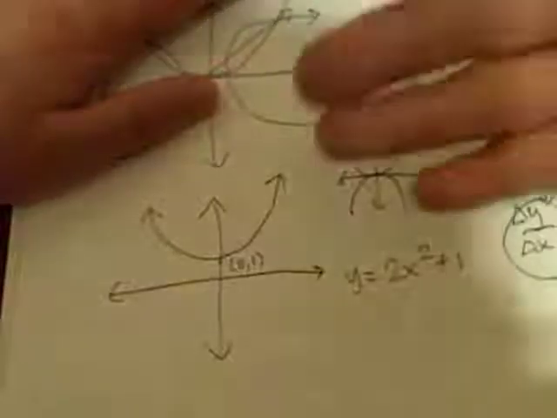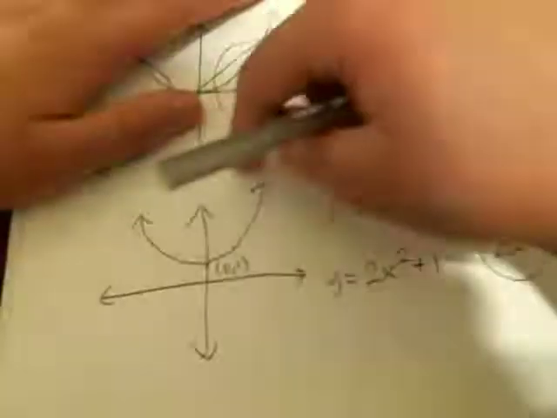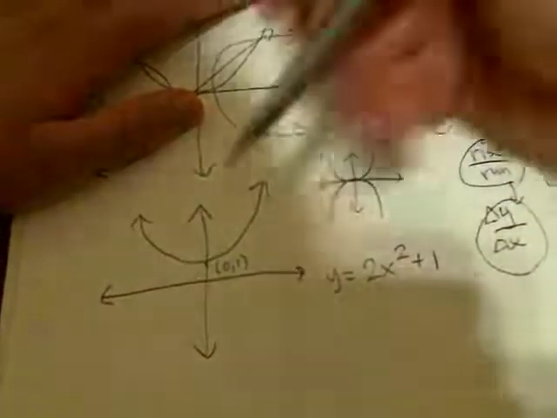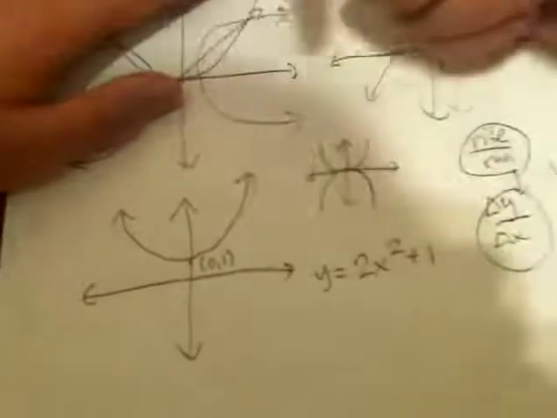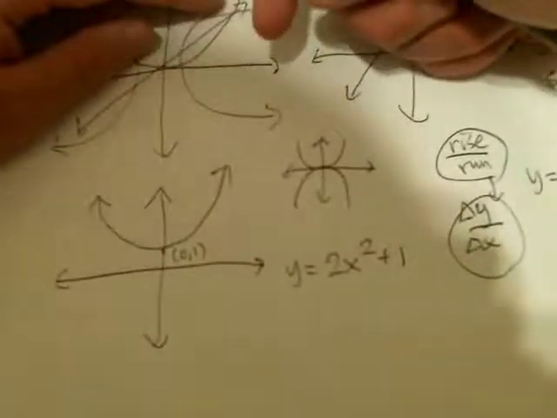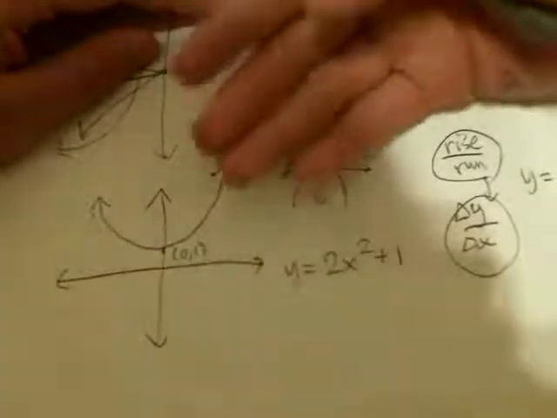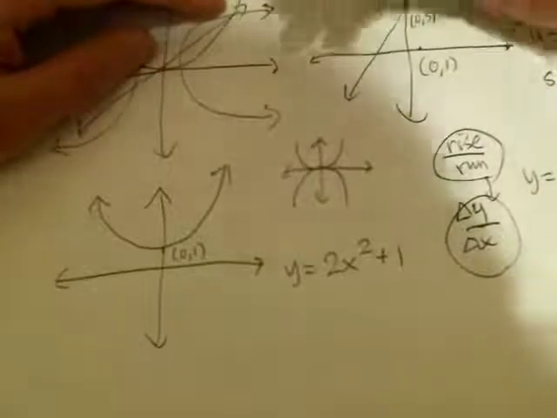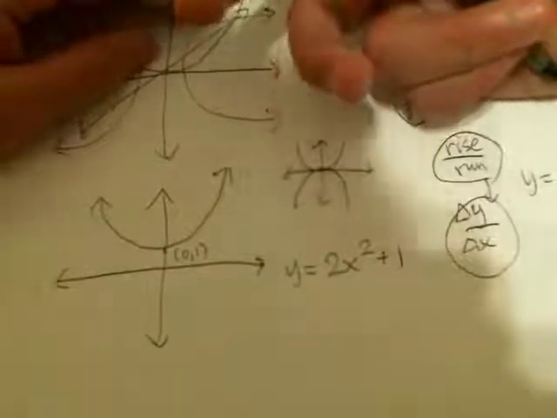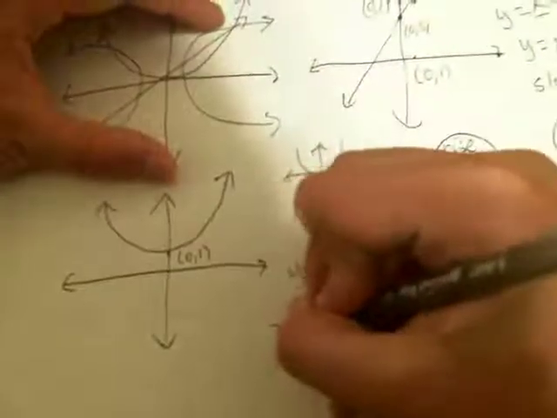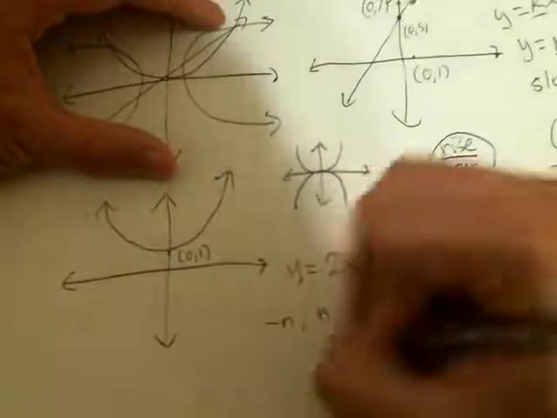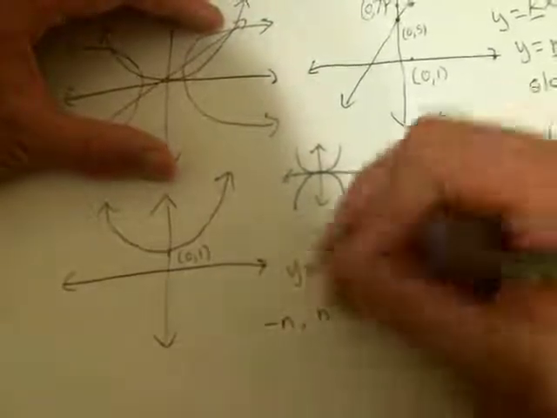here. This is how a parabola looks, just that we haven't found the other points yet. This would be our vertex, and then the next step is to find two other points in order to get a very accurate parabola. In order to do that, we would pick negative n and n and plug those two values into this function.